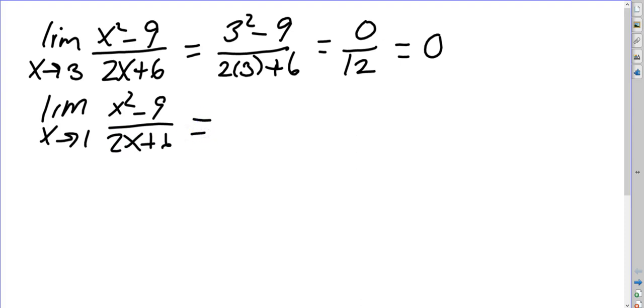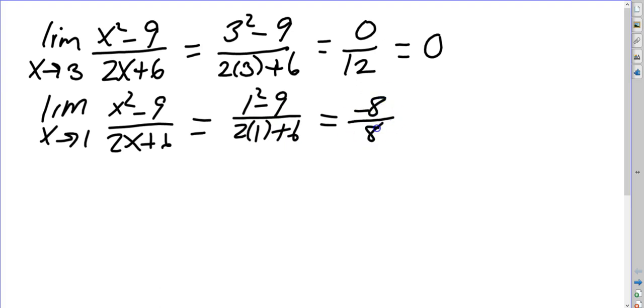Forgive me, I'm writing with my finger. It's not very easy here. 1 squared minus 9 over 2 times 1 plus 6. This would give me negative 8 over positive 8, which would be negative 1. So this is saying when x is 1, y is negative 1.